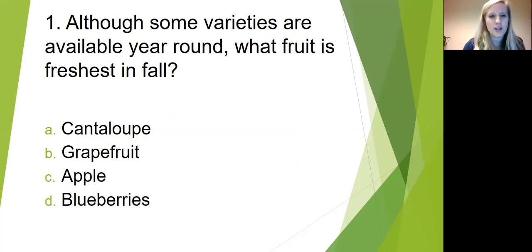So our first question, question 1. Although some varieties are available year-round, what fruit is freshest in the fall? Is it A, cantaloupe, B, grapefruit, C, apple, or D, blueberries?